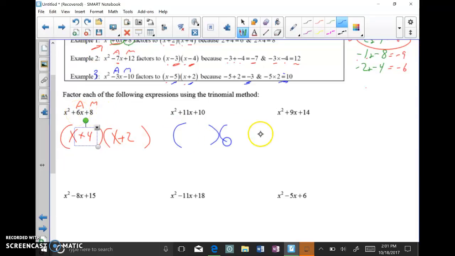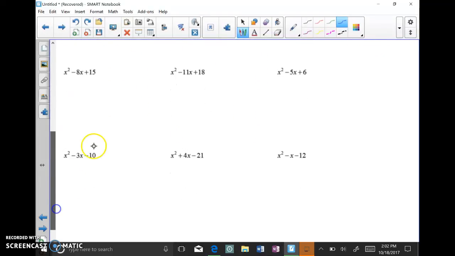And how about this second one here? What multiplies to 10? There are only so many numbers that multiply to 10, and it adds to positive 11. It's helpful to start with what it multiplies to. Then you can say, if it multiplies to a positive, I know they need to be the same sign. We're going to see questions down here where, if they multiply to a negative number, I'm looking for numbers with different signs.